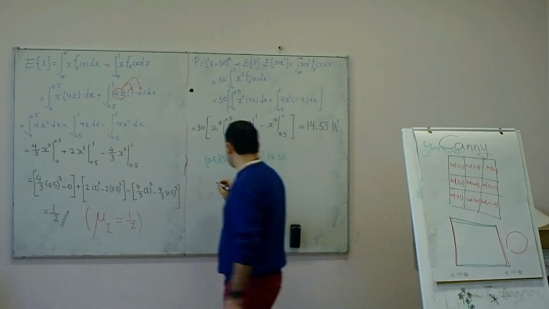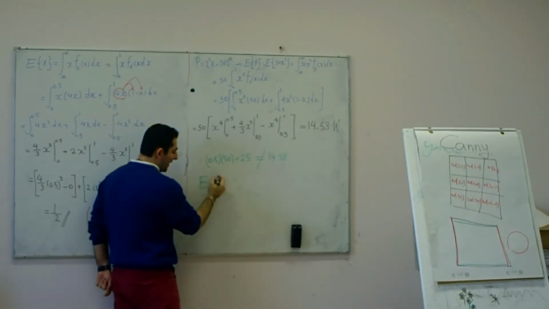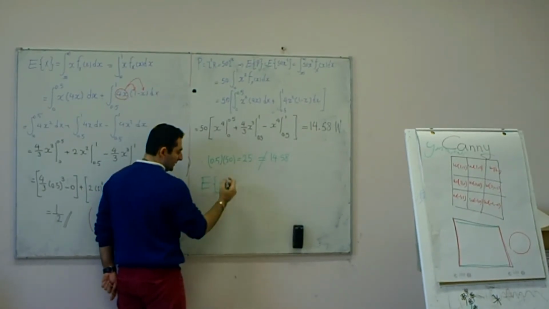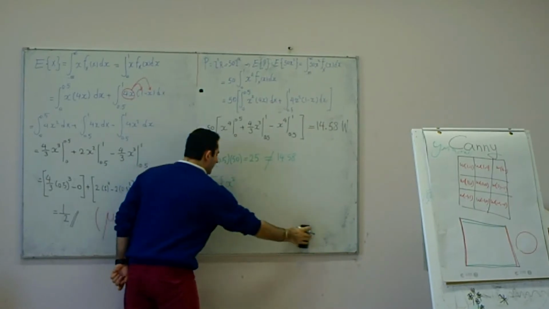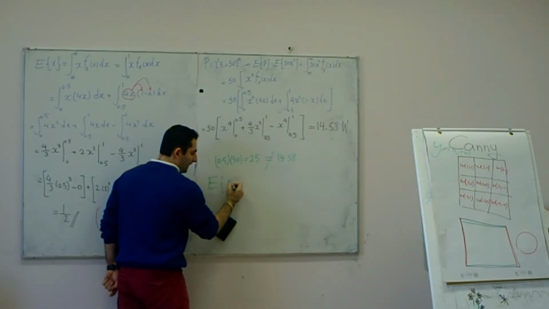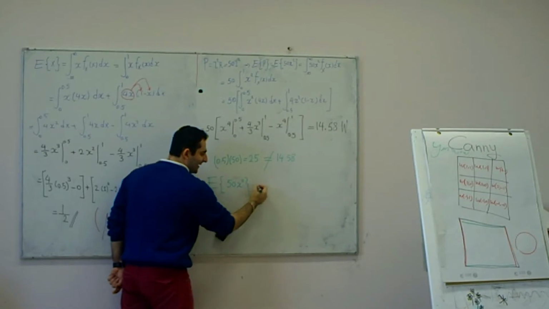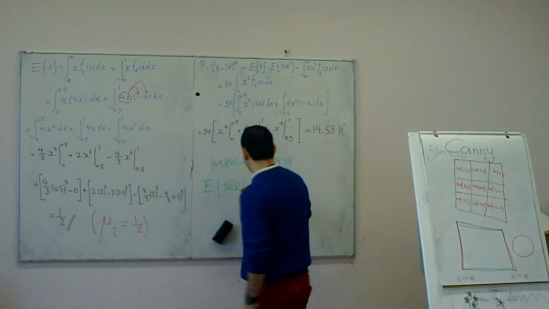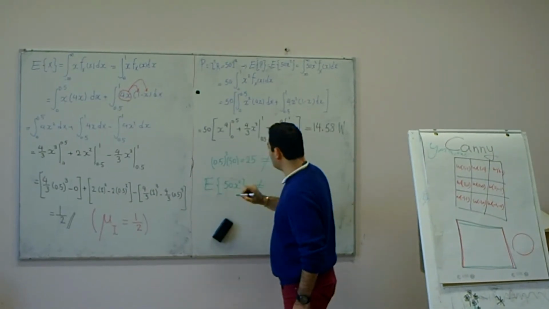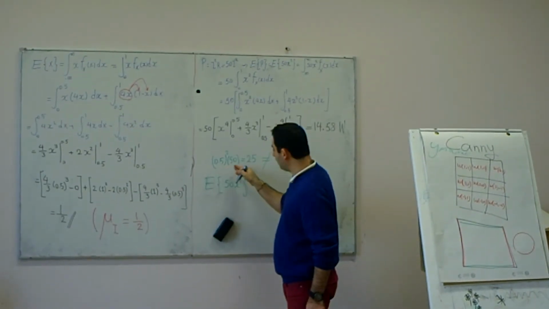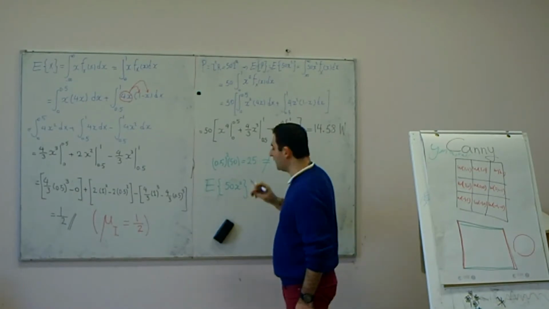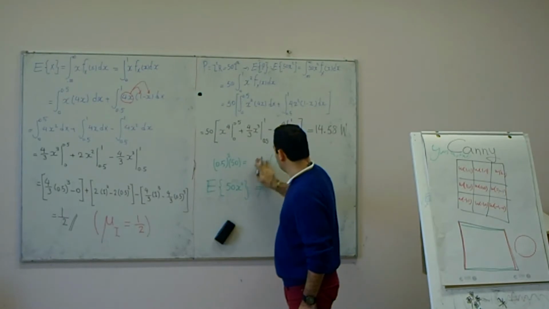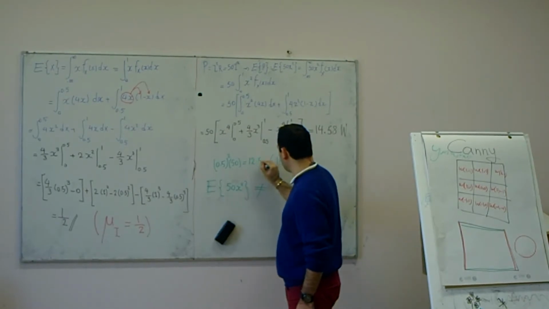No. So it means that the expected value of 50 x squared is not equal to, if we square this one, it will be 0.25 multiplied by 50, 12.5.